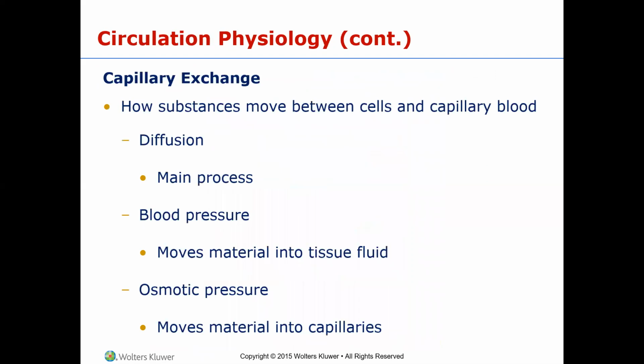Okay. But if we look at the exchange of substances through our circulatory system, the capillary bed is where most of that exchange occurs, and diffusion is the main process by which those substances move between the cells and the capillary bed.